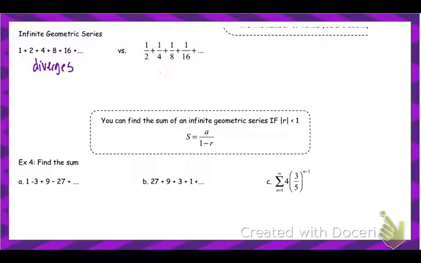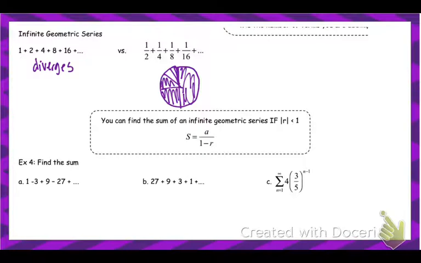Well, let's go ahead and look at this one visually. So I'm going to take a circle. I'm going to start with half that circle. Then I'm going to add a fourth. Then I'm going to add an eighth. Then I'm going to add a 16th, a 32nd, a 64th, a 1/128th. And you can see what's happening there.